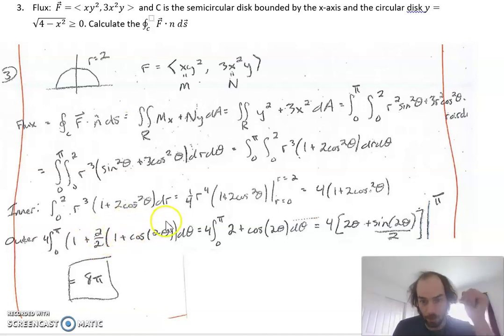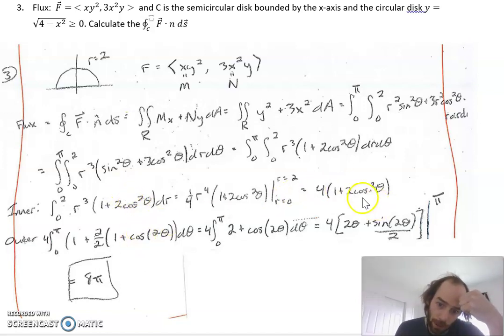This is where I use the power reduction double angle formula. Cosine squared theta turns to cosine 2 theta plus 1 all over 2. This 2 is that 2, so they cancel out. I've got 1 plus that 1, which gives me this 2. This has a coefficient of 1 because these canceled.